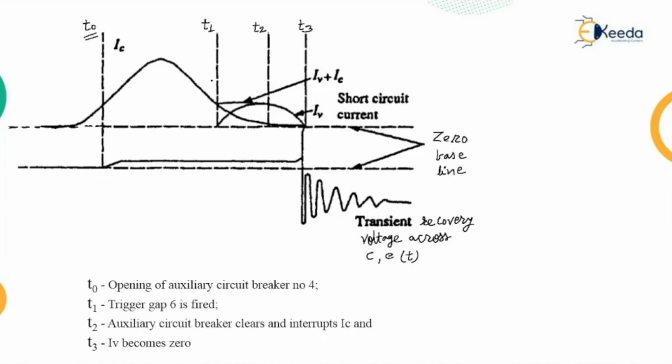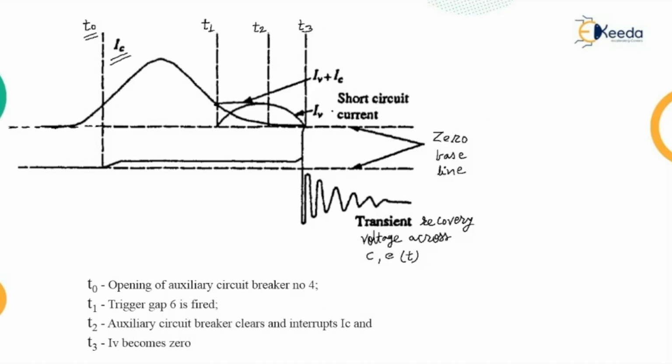At some time T1, just before zero of the generator current, that is the short circuit current, the generator current IC, the trigger gap 6 closes and higher frequency current from the discharging capacitor CV also flows through the arc.